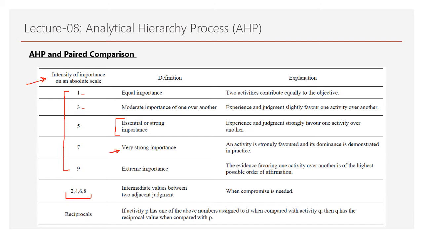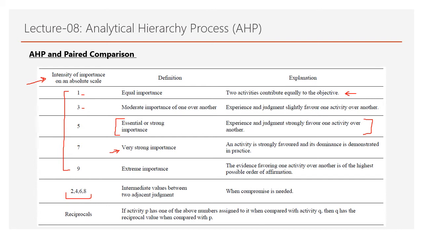Again, back to number 1. What do we mean by equally important? We mean that the two activities, or two criteria, contribute equally to the objective. In the case of 3, experience and judgment slightly favor one activity over another. For 5, experience and judgment strongly favor one activity over another.